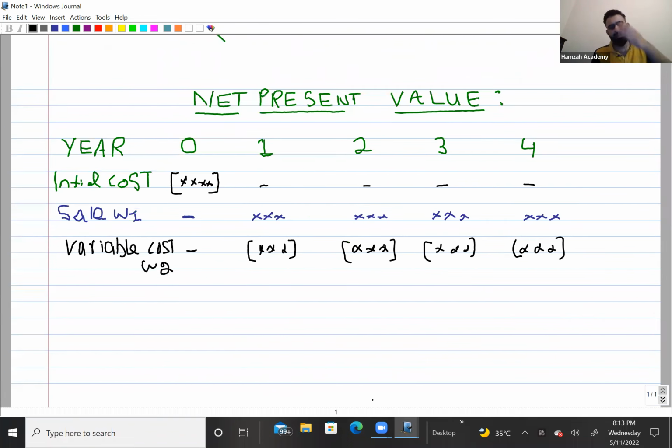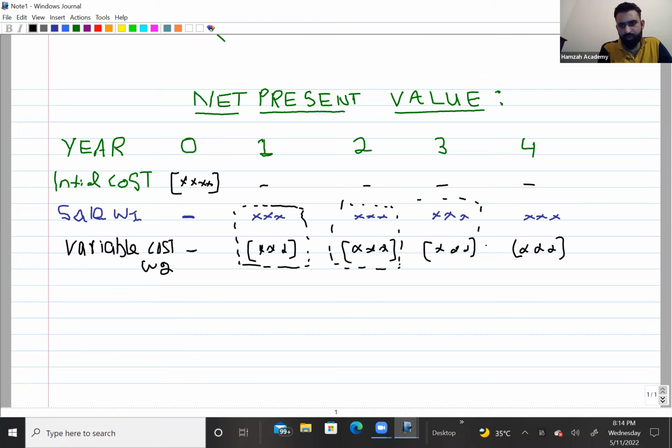Now, after the calculation of the variable cost, there is no requirement, but if we want, we can net these two values, and the outcome will be the contribution.